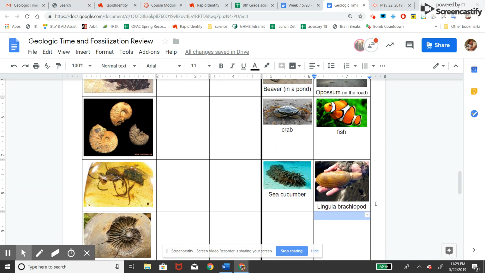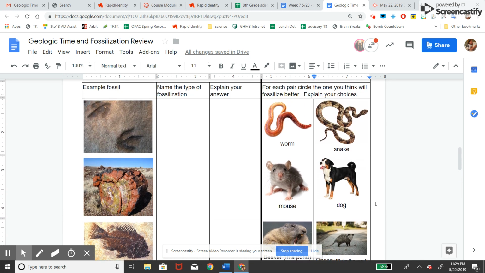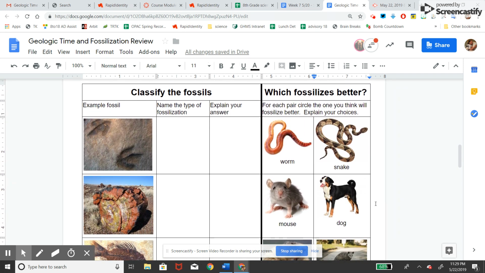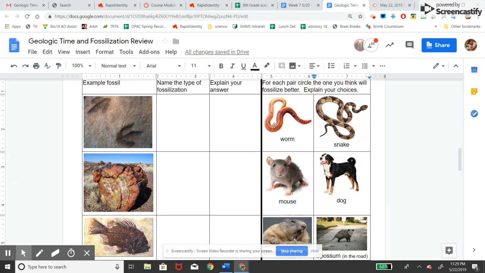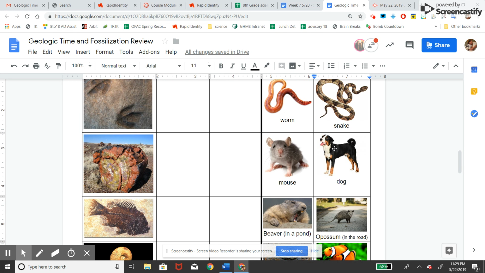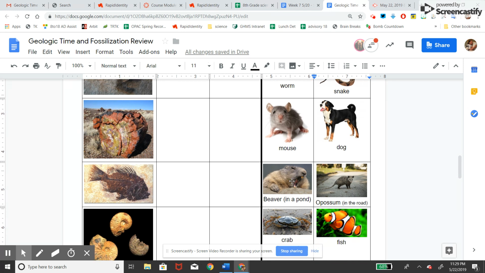This side over here has questions about which would make a better fossil: a worm or a snake. A snake has bones, so it's going to preserve better. A mouse or a dog: a dog has harder bones than a mouse. A beaver in a pond or a possum in the road: the one in the pond would preserve better because it's oxygen free, or at least has only dissolved oxygen.